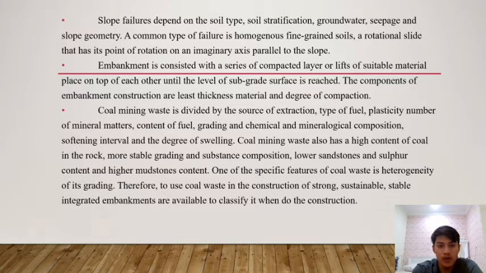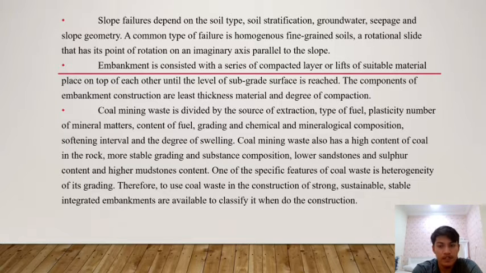Coal mining waste is divided by the source of extraction, type of fuel, plasticity number of mineral metals, content of fuel, grading, chemical and mineralogical composition, softening interval, and the degree of swelling. Coal mining waste also has a high content of coal in the rock, more stable grading and substance composition, lower sandstone and sulfur content, and higher mudstone content.